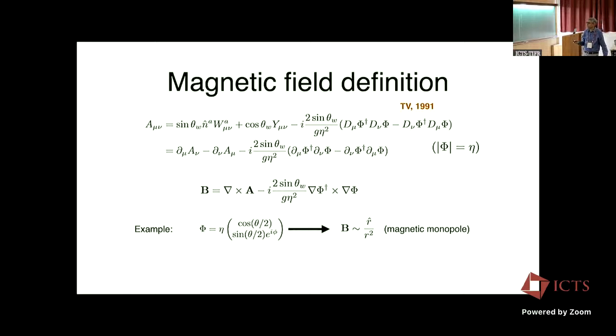But now you can take phi to be, for example, cosine theta by 2, sine theta by 2, e to the I phi. And when you do this, you find that B goes like r hat by r squared. This is clearly the field of a magnetic monopole. So this would imply that the standard model also has magnetic monopoles.